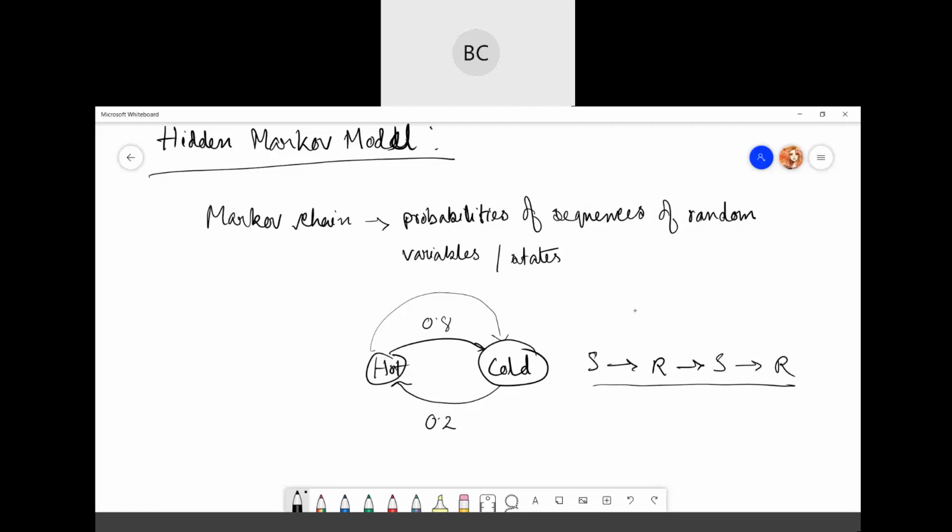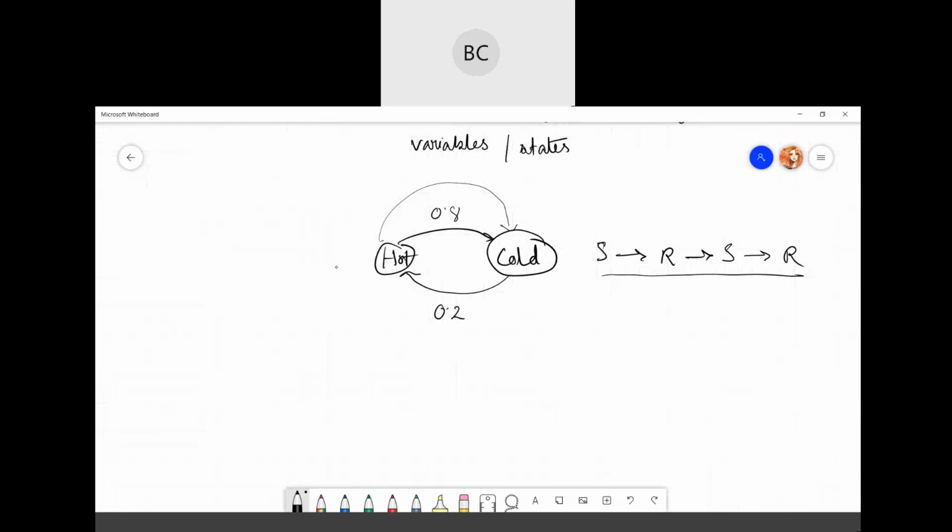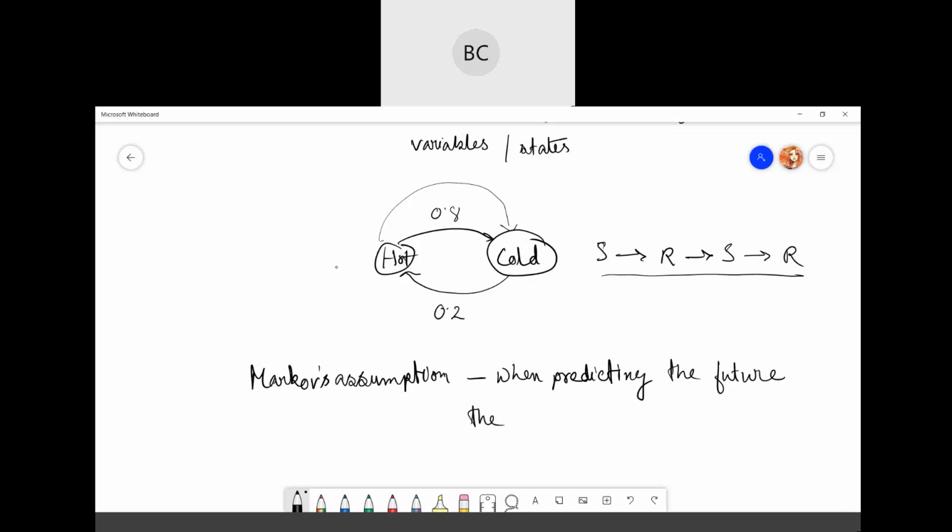Only the present matters. Okay, so that's the Markov assumption.